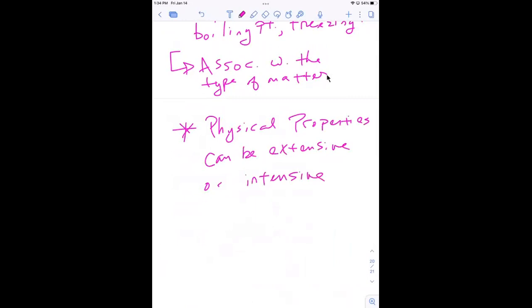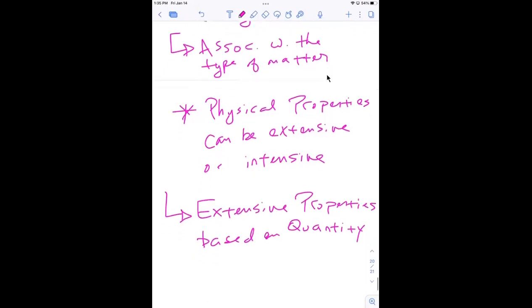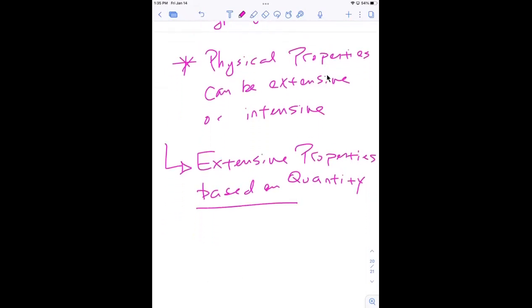So extensive properties are based on quantity. So somebody give me an example of an extensive property. If I have more of it, then it changes. Give me an example of that.